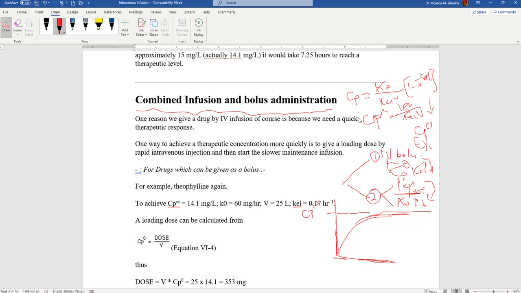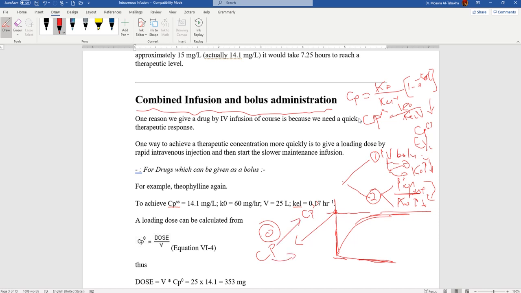Now, this CPss value here, we want it to be equal to CP0. I mean that at time 0, I want the concentration to be exactly equal to CPss.